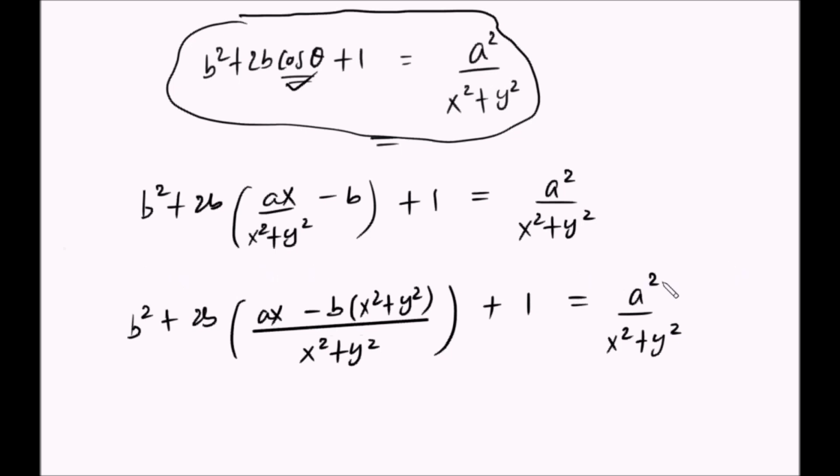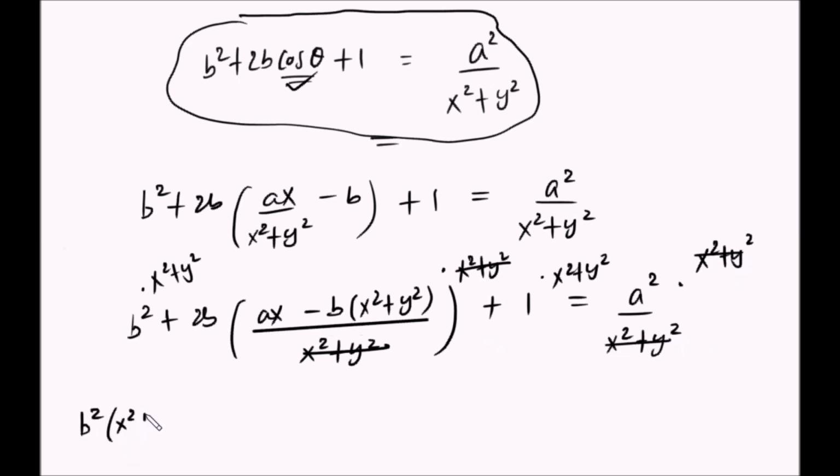So what do I do now? I times with hii x squared plus y squared everywhere. Na hapa, na hapa, na hapa. So you can see hapa itakufa hivi na hapa pia itakufa. So tabaki na b squared.